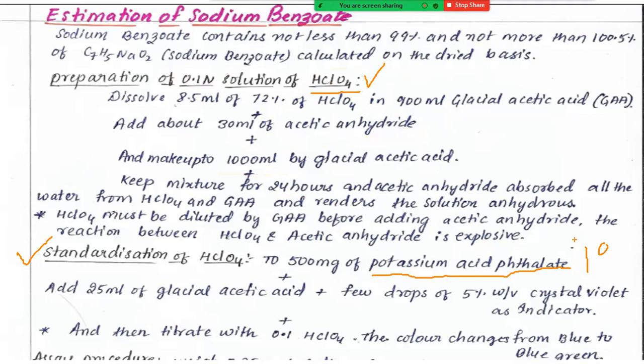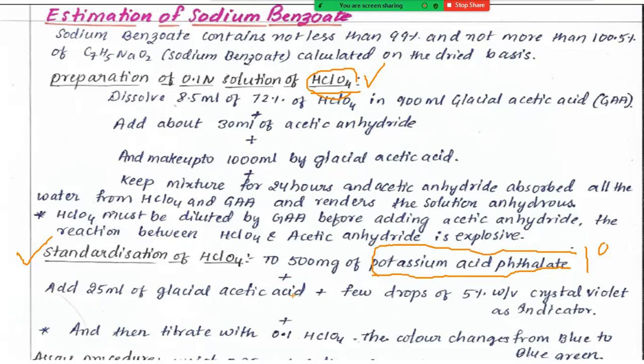What is the difference between secondary and primary standard? A primary standard solution has the highest percentage of purity. It doesn't have any impurities, and it has very low reactivity. It has a very low hygroscopic nature. So that's why primary standard solutions are useful for standardizing secondary standard solutions.